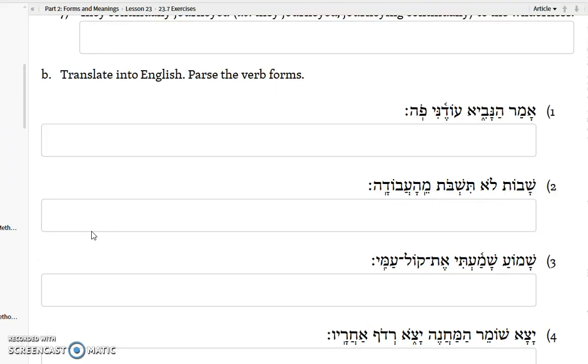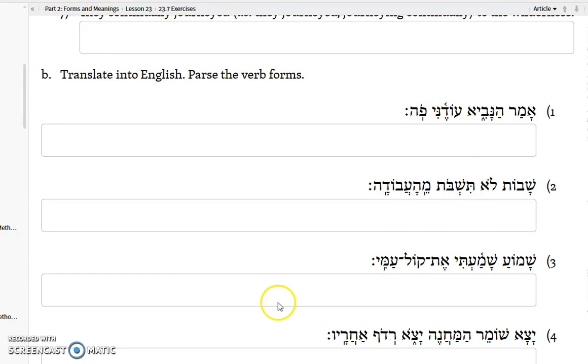And then you'll also get to translate from Hebrew into English, parsing any verbal forms. So Amar HaNavi, the prophet said, Odeni po. Od, which is yet or still, ni, which is I, po, which is here.